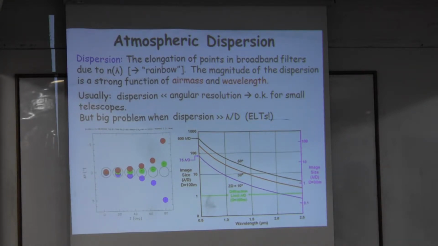And I'm mentioning this here, although it may for most telescopes not be relevant, but for the next generation of large telescopes, bigger than 10 meters, this will be a problem. In the sense that the sources will be really elongated, like a rainbow, much larger than the diffraction limited size of the star.